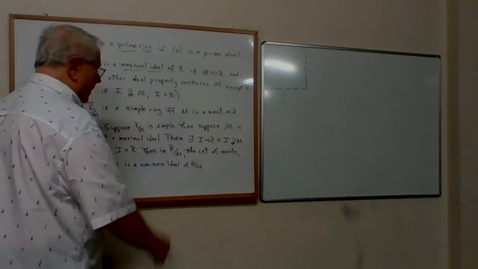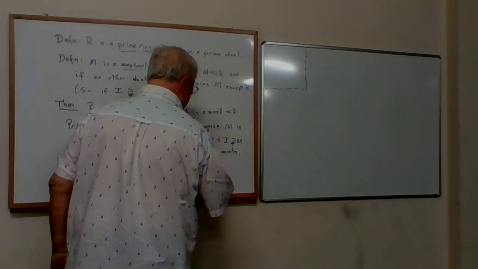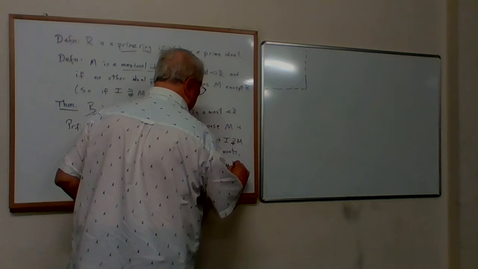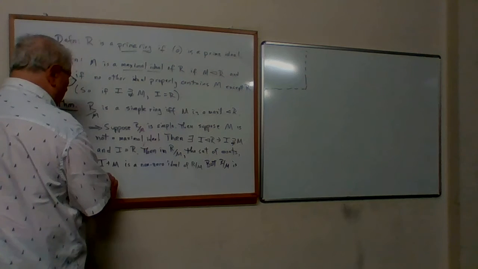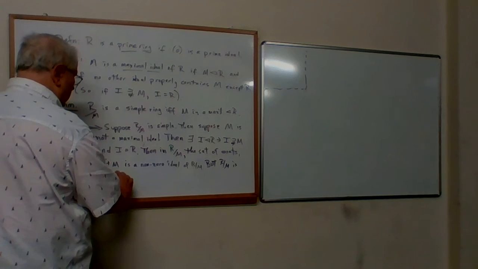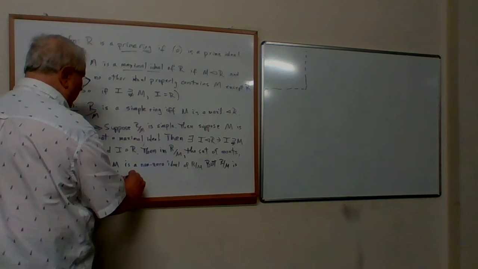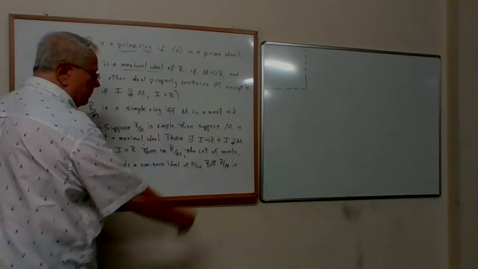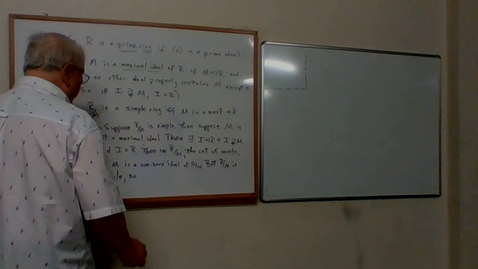Well, the problem with that is R mod M is simple. And if I plus M is a non-zero ideal of R mod M and R mod M is simple, then it has to be the whole thing.